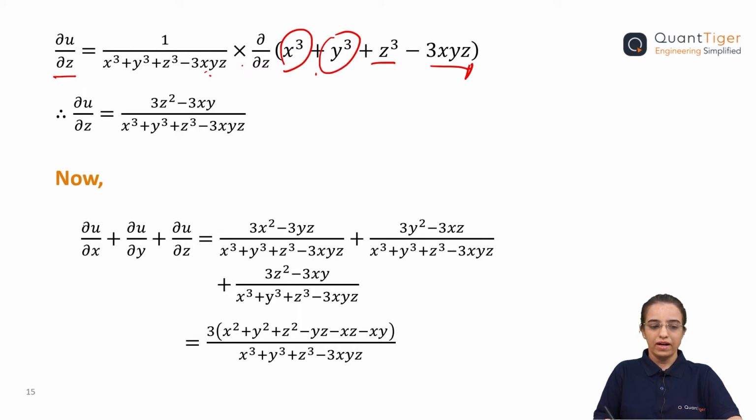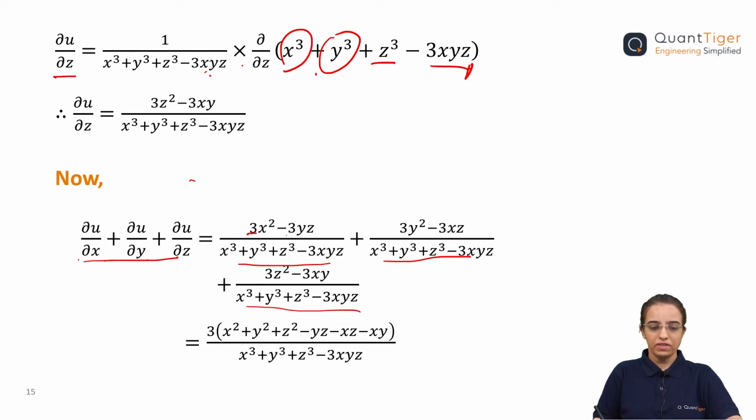Now we will be adding all these terms. What we found, del u by del x, del u by del y plus del u by del z, we will be adding it because we have to prove that. So whatever we found in the previous slides, the values of del u by del x, these all three values I have kept over here separated by addition sign. So if you look carefully, everywhere the denominator is same, so we can directly add these numerators.